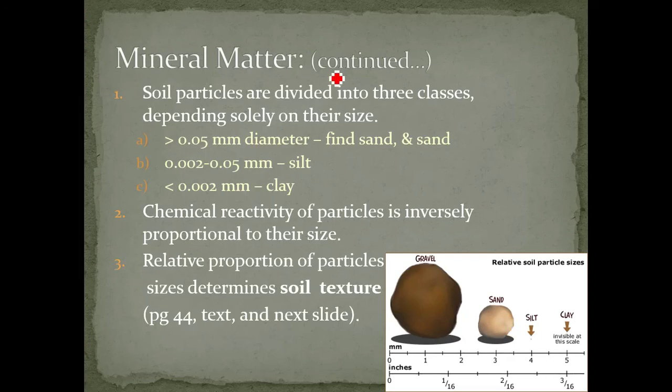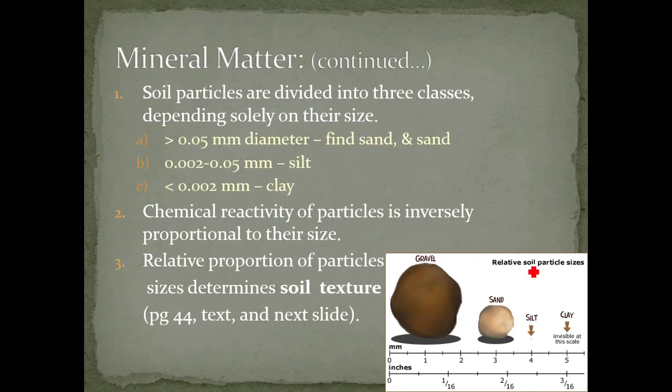So let's look at what these particle sizes are. Fine sand and sands are anything that's 0.05 millimeters in diameter and up. Anything between 0.002 and 0.05 millimeters is classified as a silt particle. Anything less than 0.002 millimeters is defined as a clay particle.